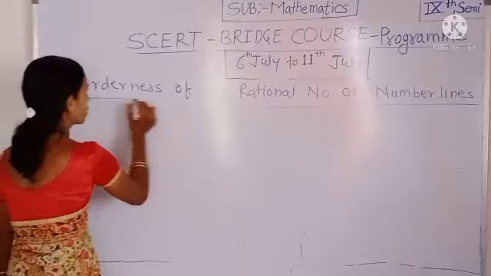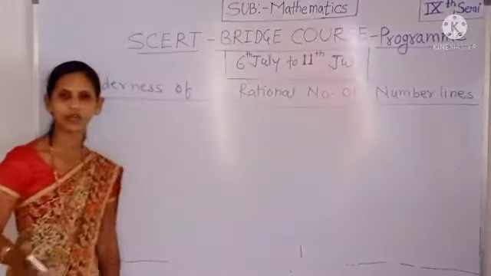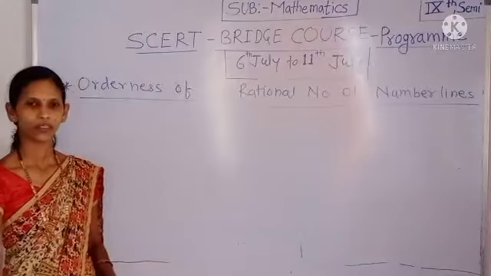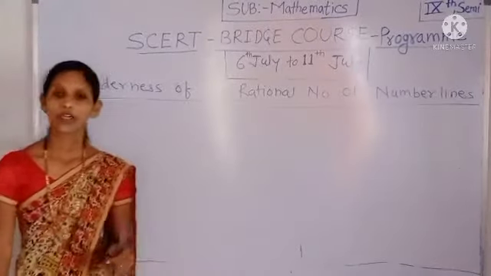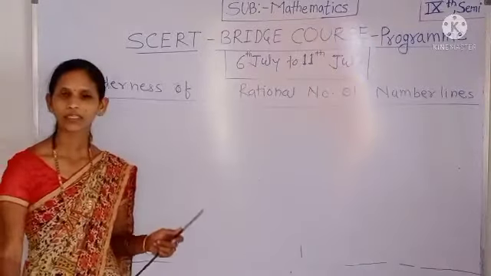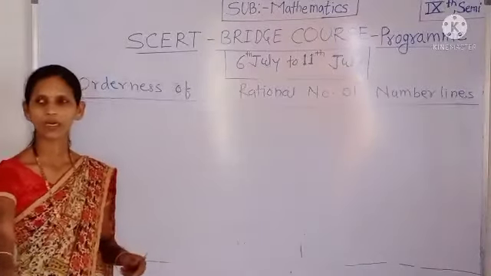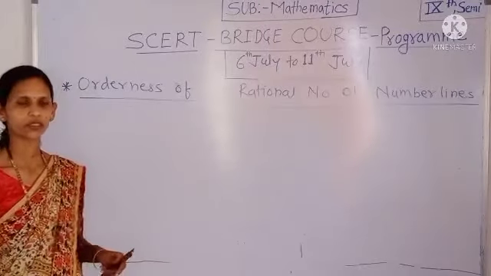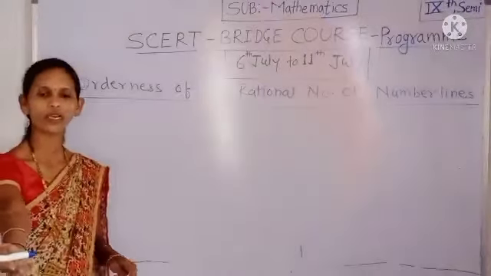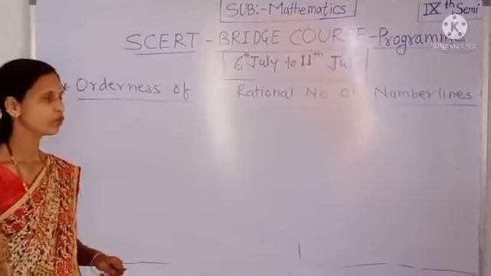That means what is orderness of rational numbers? Then see here, what is orderness of rational numbers? That is, which one is bigger and which one is smaller among the given rational numbers.